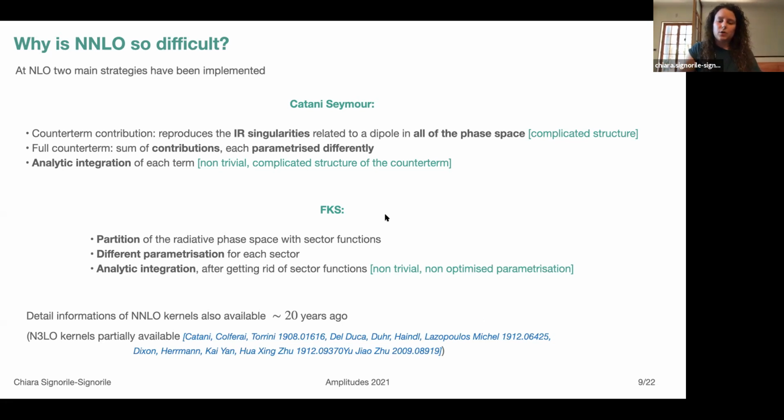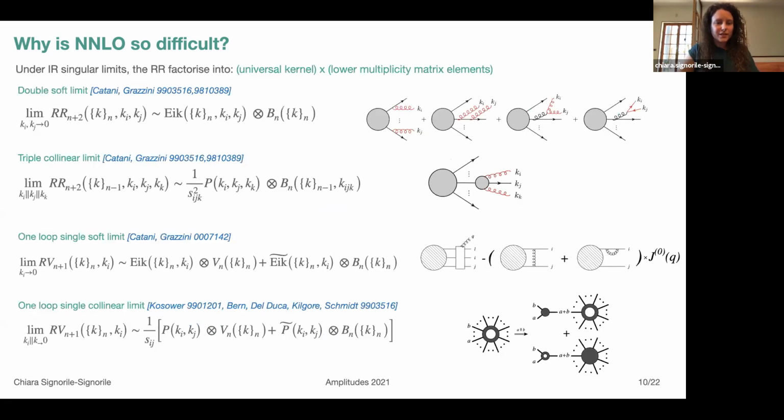Of course, it's not enough to have a method. We also need the crucial ingredients, which in this case are the NNLO kernels that were already available 20 years ago. And I will just really briefly remind you of their form. Essentially, the idea is that under infrared limits, a double real matrix element factorizes into universal kernels and a lower multiplicity matrix element, which can be related by spin or color correlations.